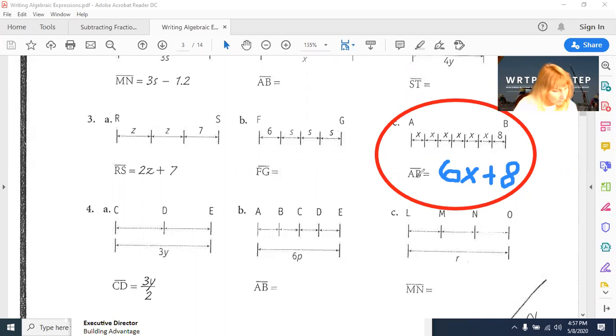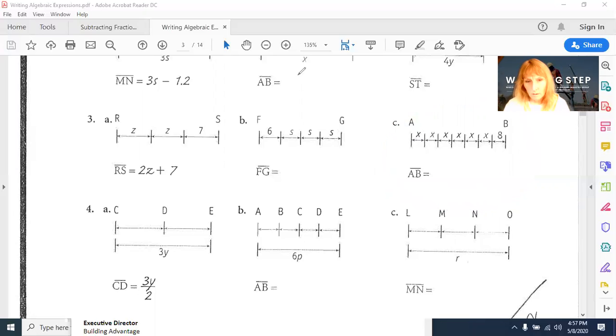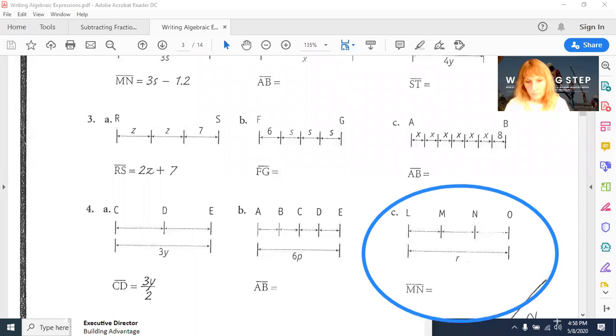Okay, and let's look at number 4C, the one right below it here. Clear this one. Let's look at 4C right here. Now they want to know what MN is. So MN is this part right here.